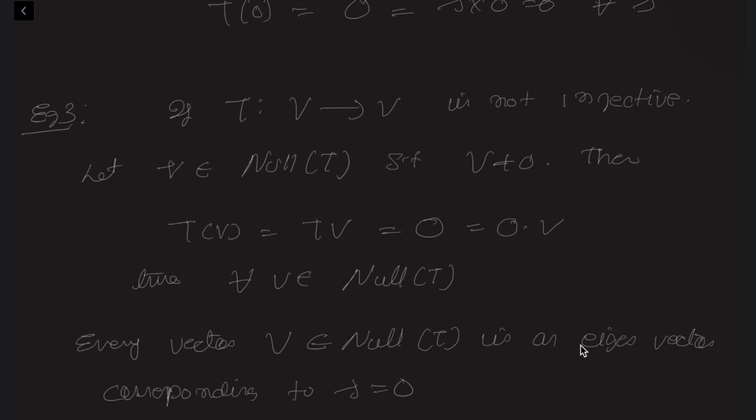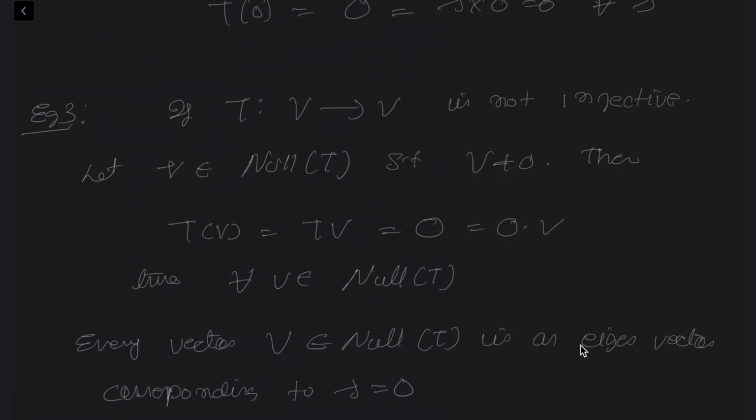So the thing to note here is that the eigenvalue is unique. For an eigenvector, if I give you an eigenvector v, then the corresponding eigenvalue is always going to be unique. But if I give you an eigenvalue lambda, then the corresponding eigenvector need not be unique, right?